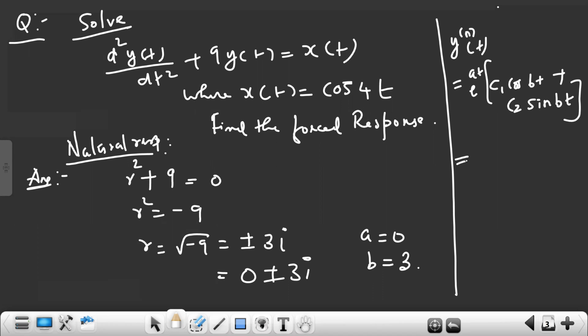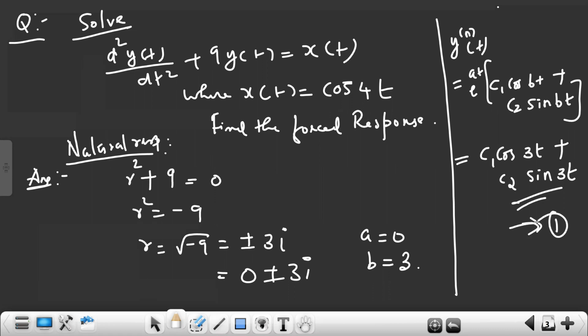C1 cos 3t plus C2 sin 3t. Since a is 0, e to the power 0 becomes 1. So you have only the cos term and sin term: C1 cos 3t plus C2 sin 3t. I keep this as equation number 1. This is your natural response.